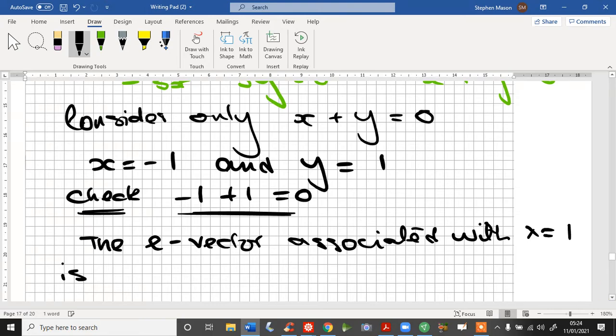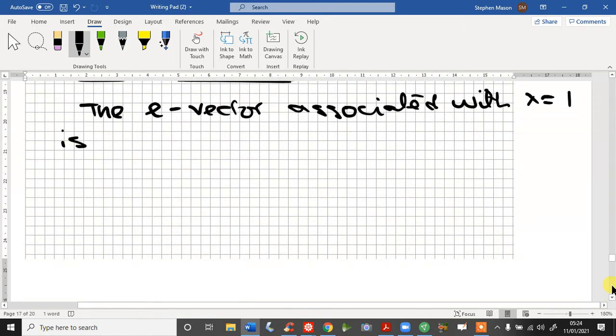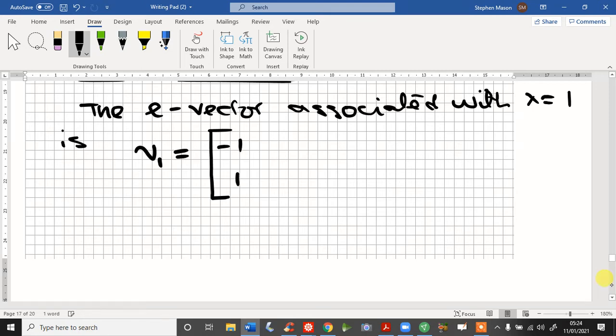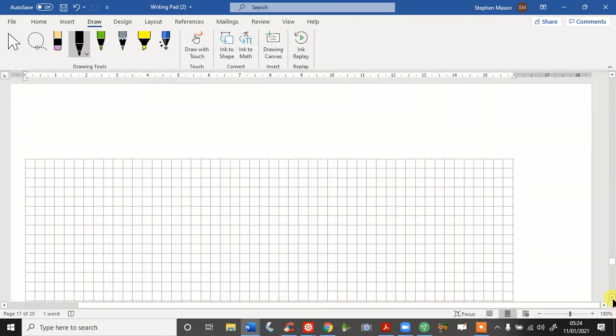Let's scroll up a little bit. We'll call this V1, equal to, I'm not going to put any constants in yet, -1 and 1. So now we've done that first part.